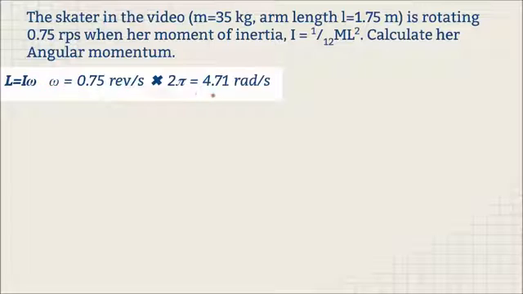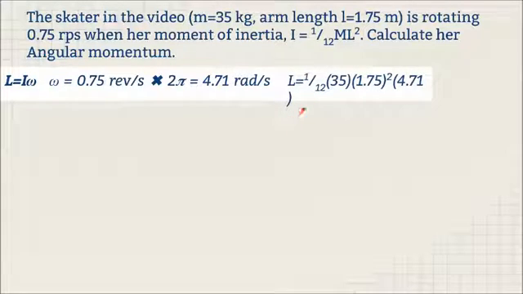We take that value as omega and put in 1/12 mL squared. So we have 1/12 of the mass 35 and 1.75, which is L squared, times 4.71. We calculate that, and that comes to 42.1 kilogram meter squared per second. So that's her angular momentum.